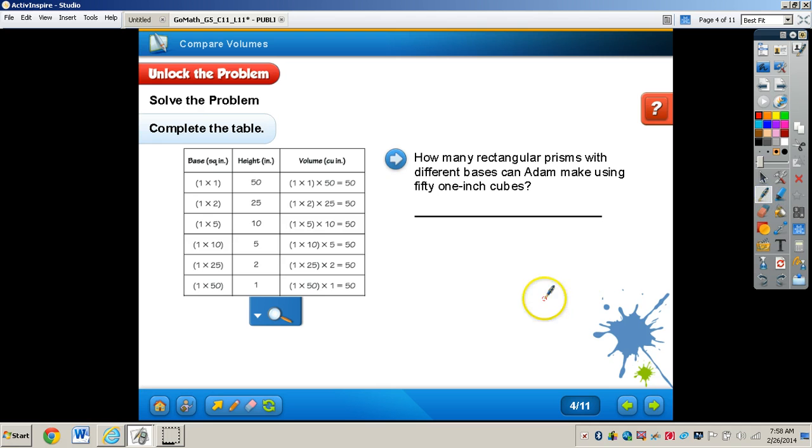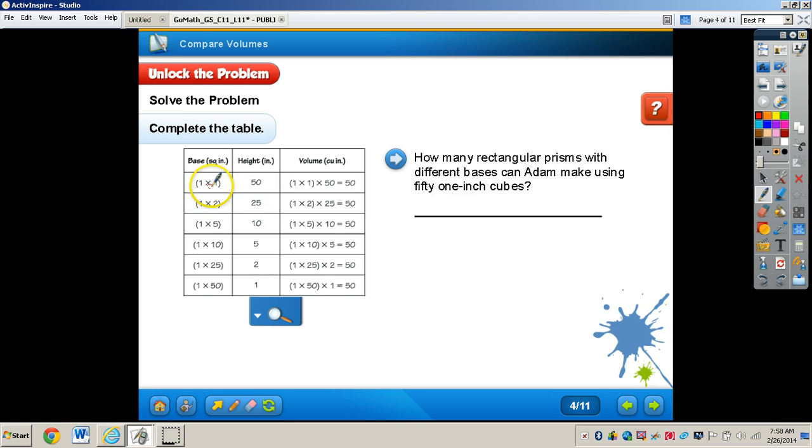In order to start working through this table, we talked about all the different factors of 50. The base cannot repeat itself at all. We know the volume is base area times height, or length times width times height. So all of these multiplication scenarios need to equal 50.